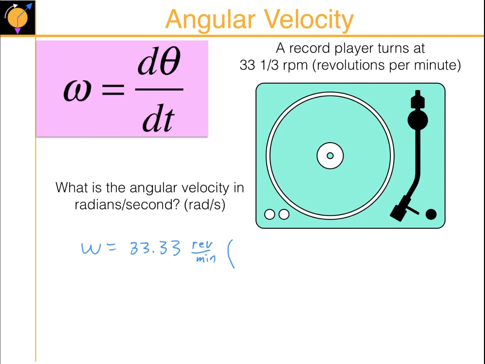For the minutes, 1 minute is 60 seconds. And for the revolutions, 2 pi radians is equal to 1 revolution. I set everything up so that the minutes cancel the minutes, and the revolutions cancel the revolutions, and we end up with radians per second. When I plug all that in, I get 3.49 radians per second. So it goes a little more than pi radians per second.